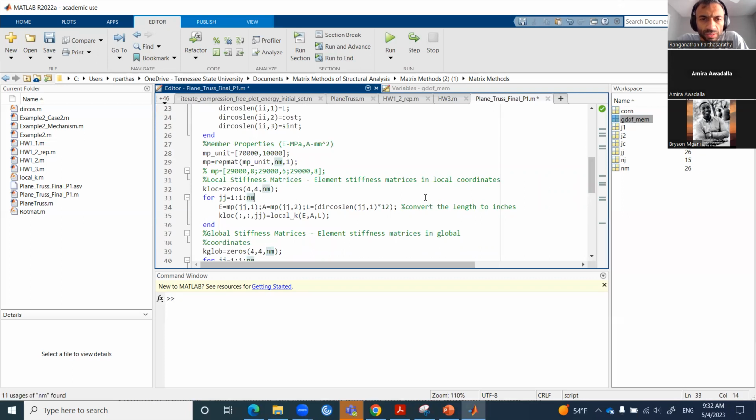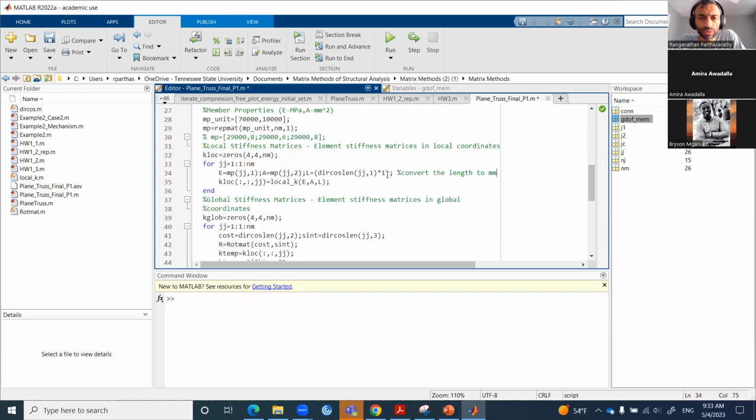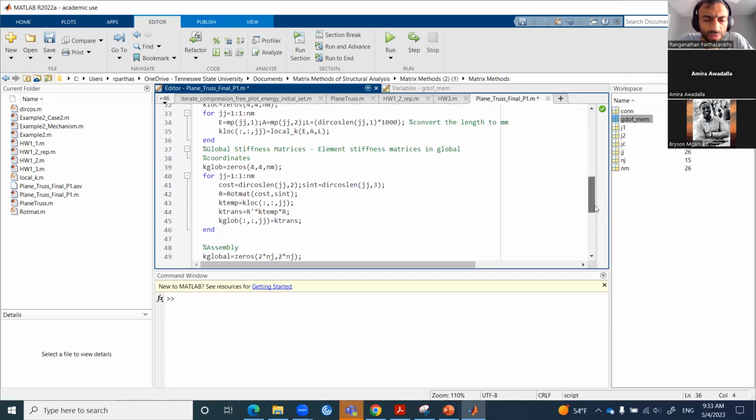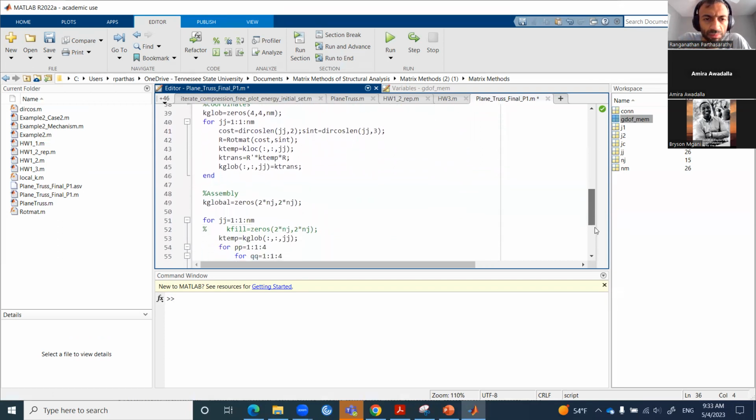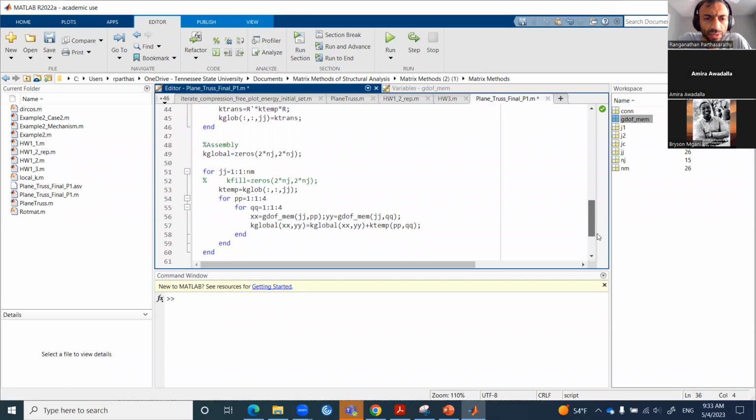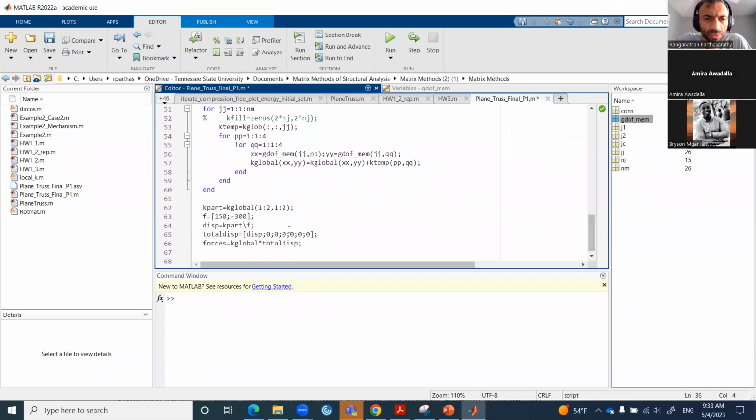So now you have your member properties. Then your local stiffness matrices, nothing will change. You need to convert the length to mm, so you need to multiply by 1000 to convert to millimeters. Then you get your global stiffness matrices, then transformations. So all that will take place here. Then you will assemble your global stiffness matrix.